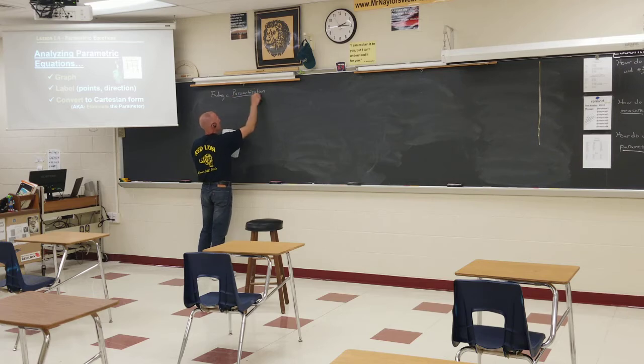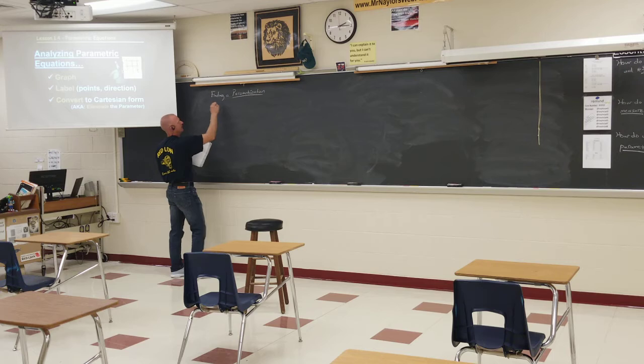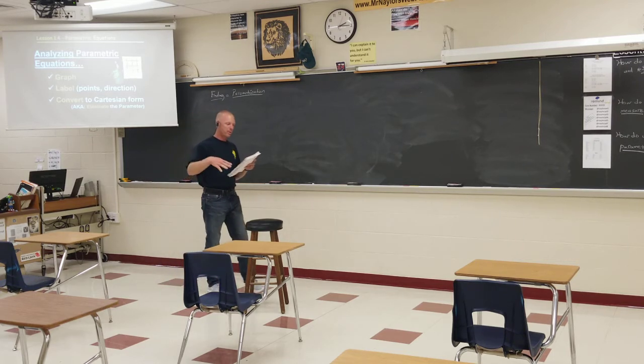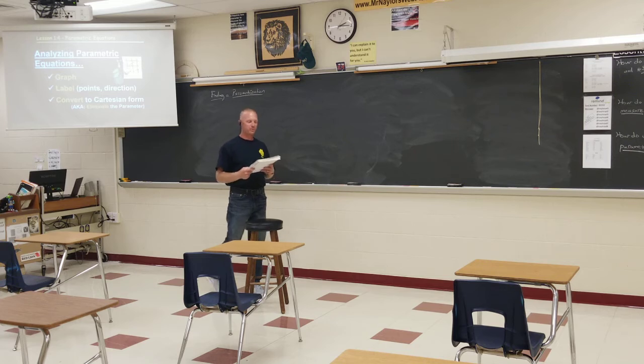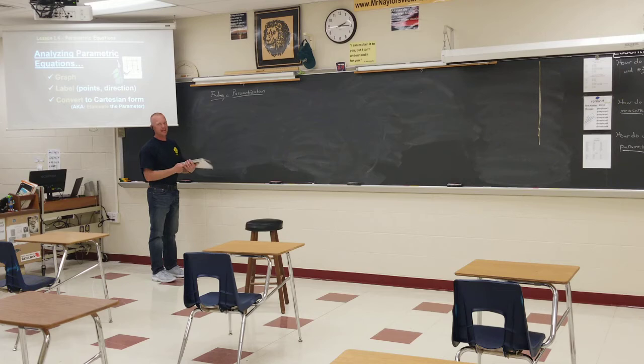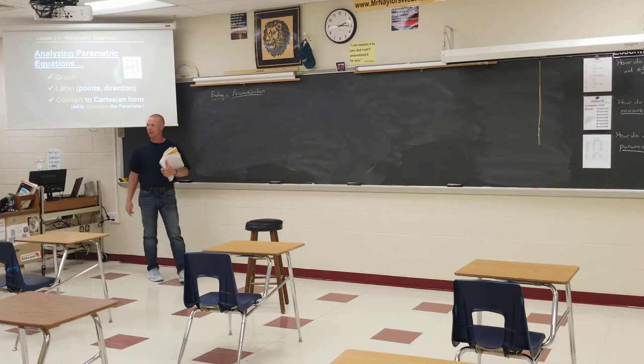Pretty big words. I want to make sure I'm spelling it right. Finding a parameterization. In other words, actually trying to come up with the parametric form of the problem. Okay? Now, we're only going to do this for a line segment, because, quite honestly, it would be a whole different ballgame if we tried to do it for a parabola or for an ellipse, something like that.